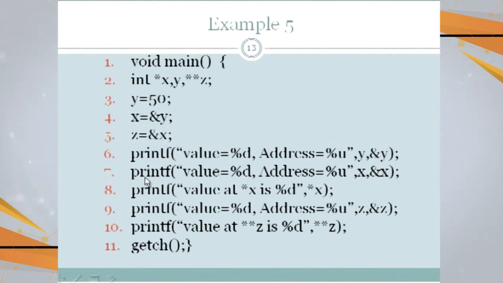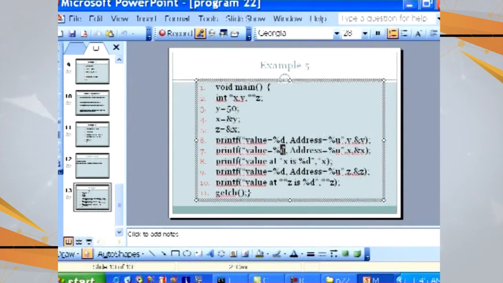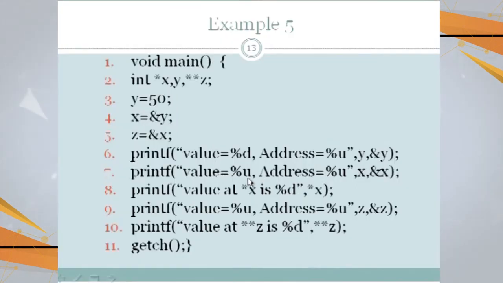Then this statement will display the value of x, that is basically the value of x is the address of a variable, that is why we will have to use %u. So value equals %u, this will display the value of x, which is basically the address of y, and then the address of x by itself will be returned by &x.